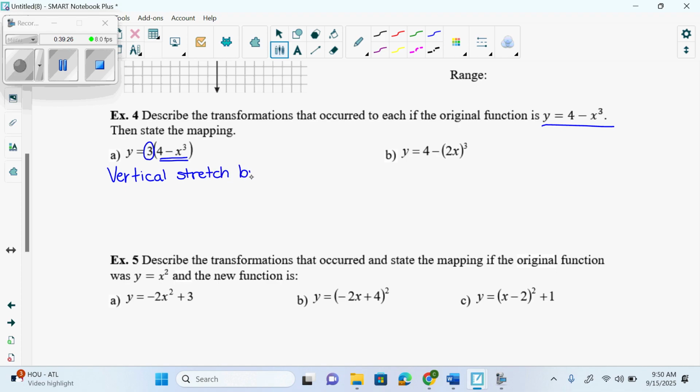By a factor of 3 about the x-axis. So we have x, y becomes x comma 3y.